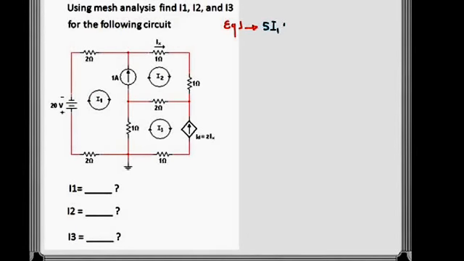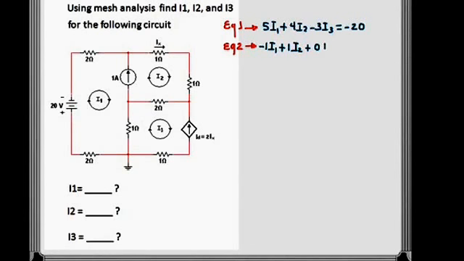Now, since we have all the equations, we can rewrite equation number 1 as 5 I sub 1 plus 4 I sub 2 minus 3 I sub 3 equals minus 20. Equation number 2 was minus 1 I sub 1 plus 1 I sub 2 plus 0 I sub 3 equal to 1, and equation 3 was 0 I sub 1 plus 2 I sub 2 plus 1 I sub 3 equals 0.